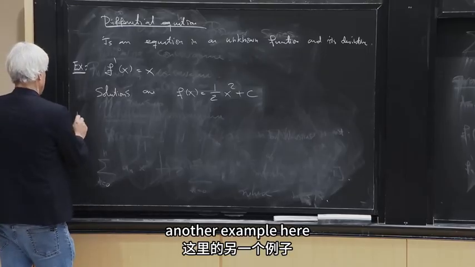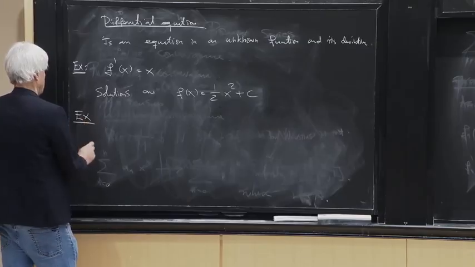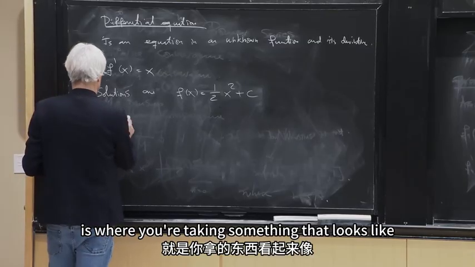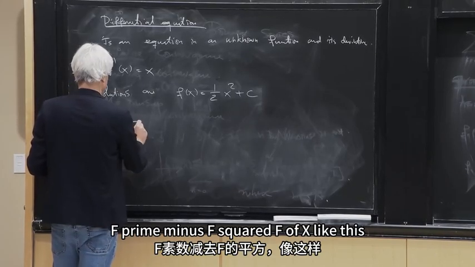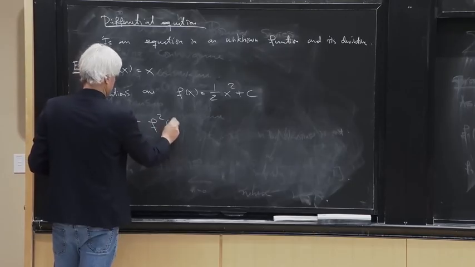Another example here is where you're taking something that looks like f prime minus f squared.